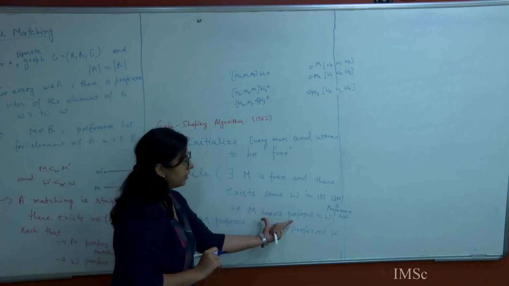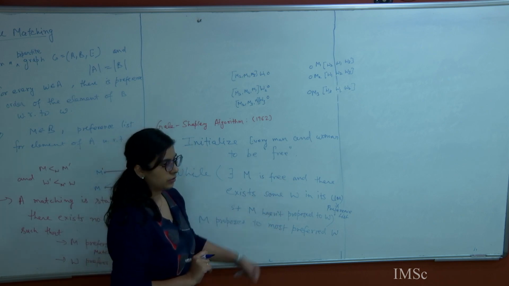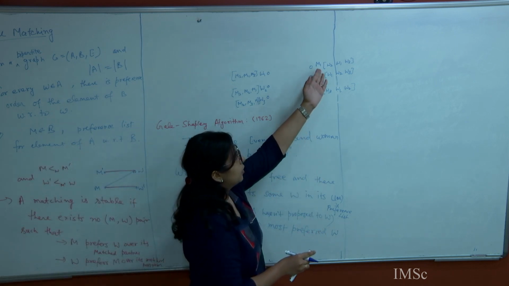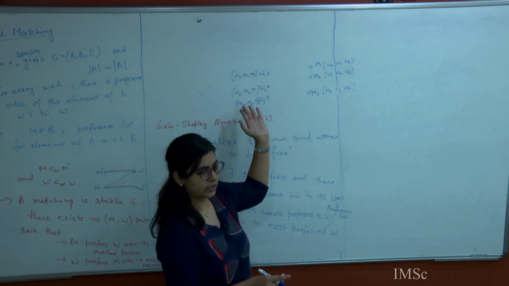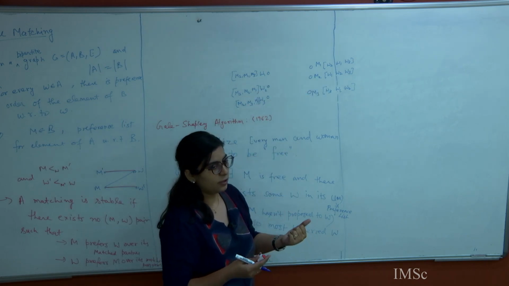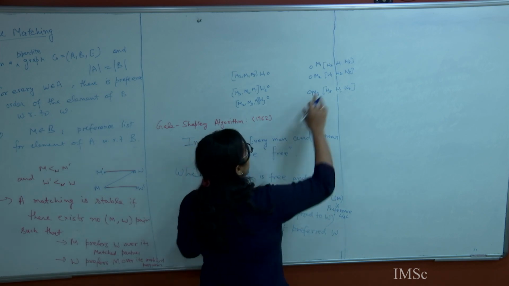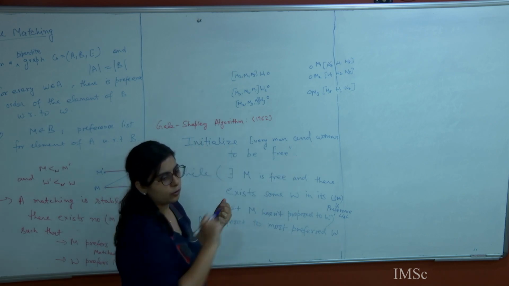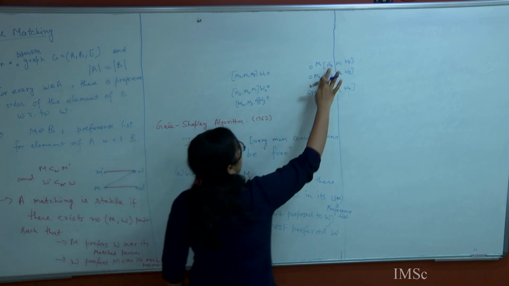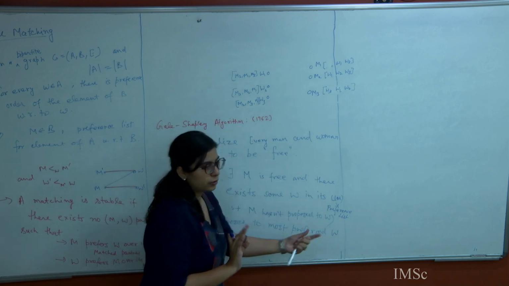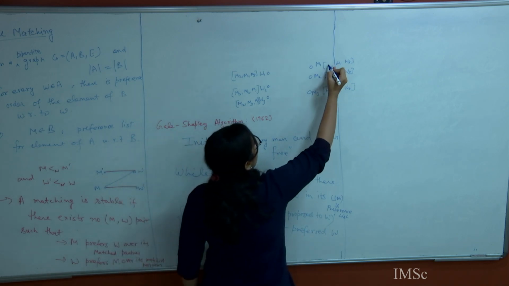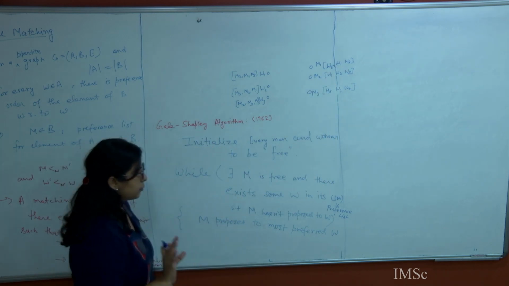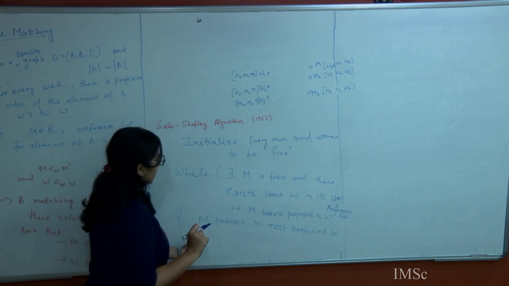That's why I wrote it in the while loop itself. During the algorithm, M will propose to some woman from his preference list, but she might not accept; she may reject. Once W2 rejects M1, then he cannot propose to her again, right? So he has to go to other women. So that's my point: he has not proposed to some women, and out of those we look at the most preferred woman. M proposes to the most preferred woman. Okay.